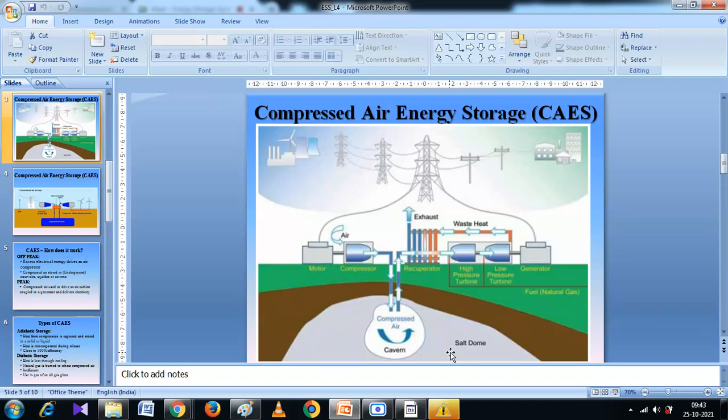And how do we create the reservoir or salt cavern? First we flow water into the salt dome and take out the water by a pump, so that free space is available in the salt dome.